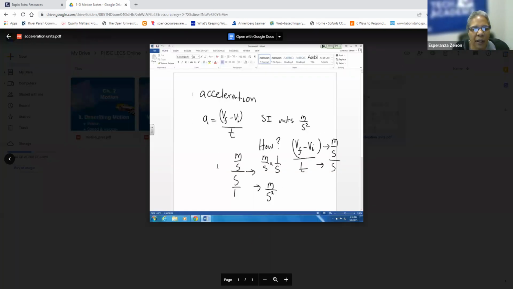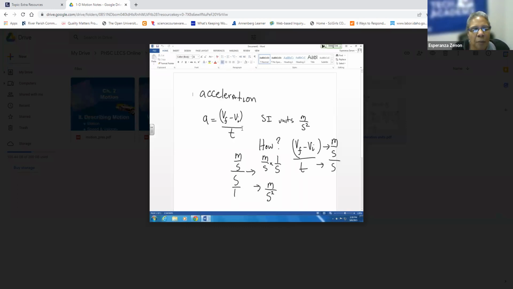This particular screen looks at the units. The unit for acceleration is meters per second squared. But sometimes in the student's mind, the question is, why is it meters per second squared? Well, to get acceleration, you have velocity changing and you're dividing by time. Remember, this assumes that the time starts at 0, which we typically do.